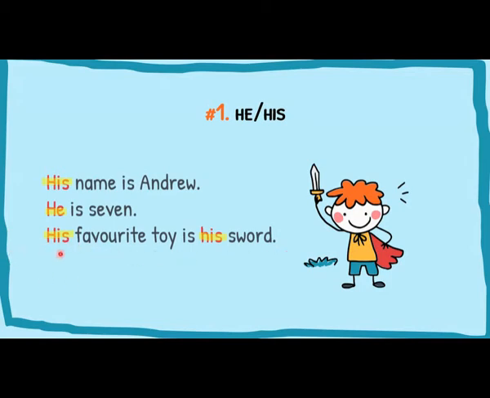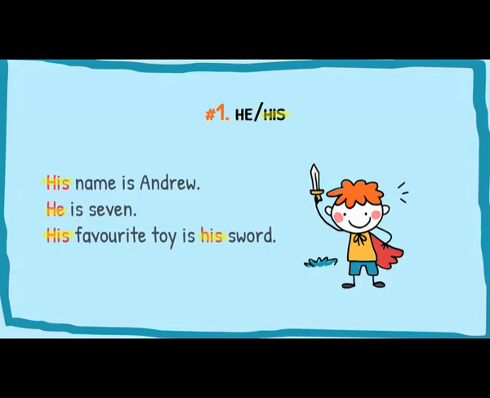And then kat sini, kenapa his favorite toy is his sword? Kenapa tak cakap he favorite toy is he sword? Okay, sebab we look at toys here. Ini toy siapa? Toy Andrew kan? Jadi dia punya. Dia punya mainan kegemaran. Dia punya favorite toy adalah dia punya pedang. So, bila dia punya, kita kena guna his.